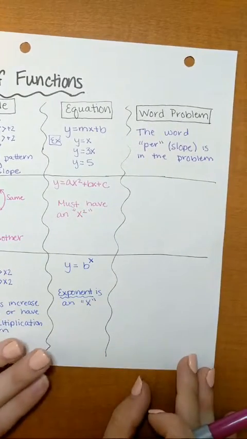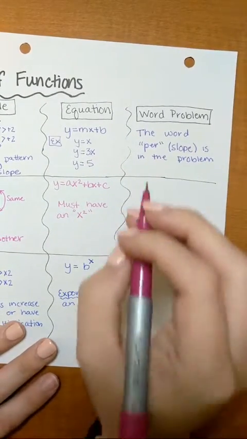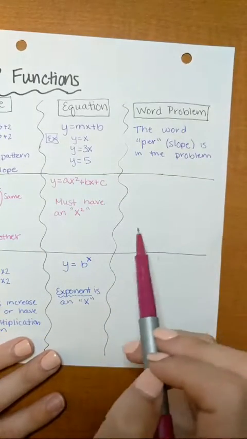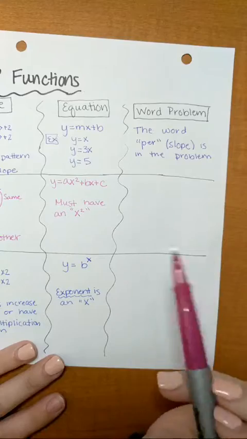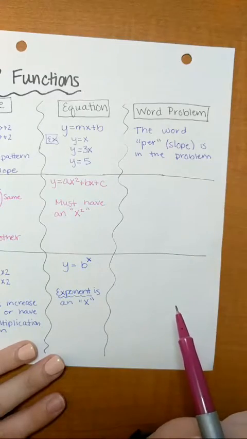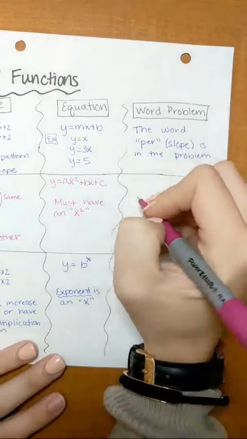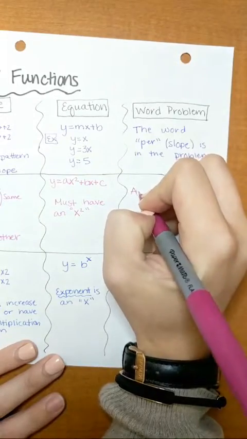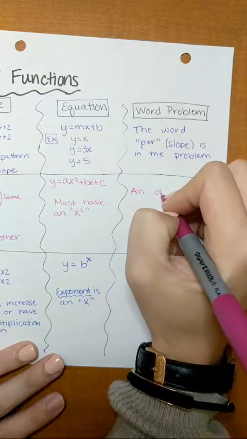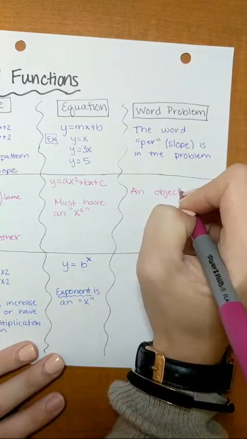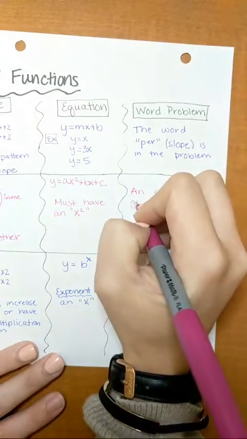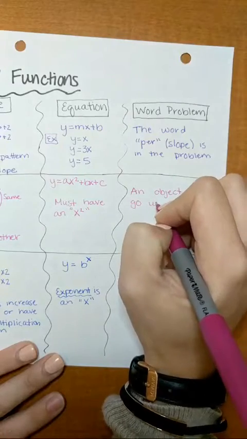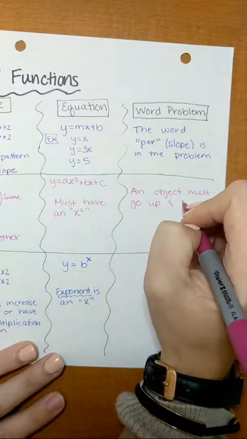Okay? Quadratic. They usually are going to talk about some sort of object or a person that goes up and then comes back down. So, an object must go up and down.